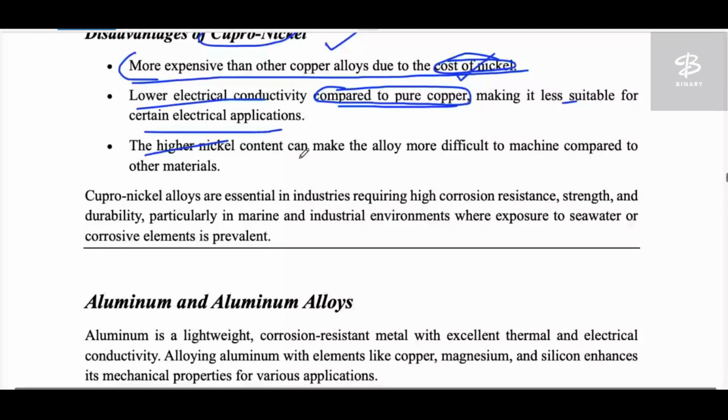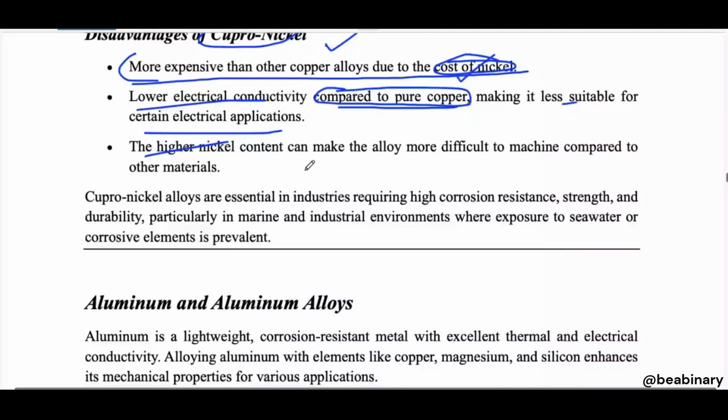So the copper nickel alloy that we are getting would have difficulties of machining, it would not be easy if it has more nickel content, or the weight percentage of nickel is high. Okay, so machining would be difficult.